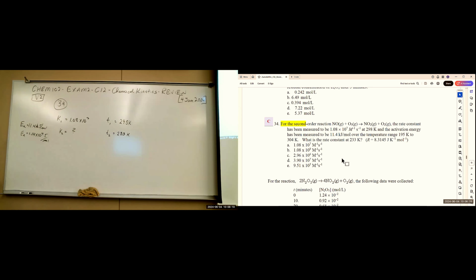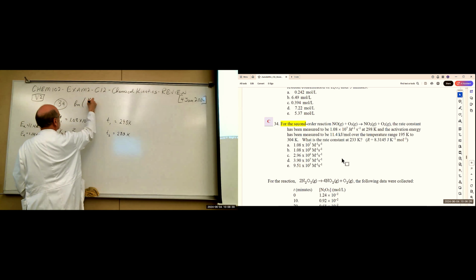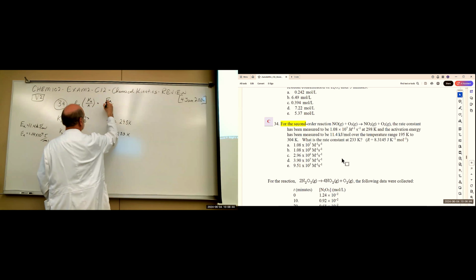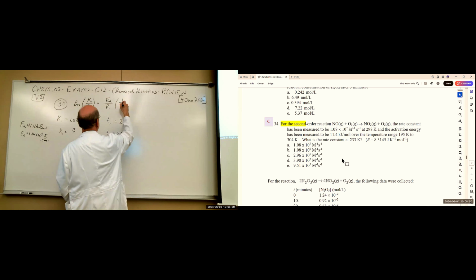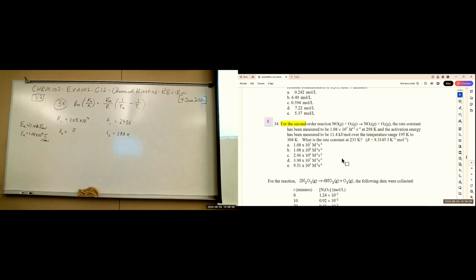So I think we're going back to the Arrhenius equation. Yeah. We need the Arrhenius equation because it has temperature and K in the equation. So let's see, can I remember this? That's the natural log of K2 over K1 equals activation energy divided by R times 1 over T1 minus 1 over T2.